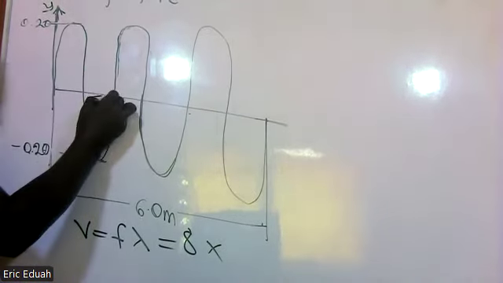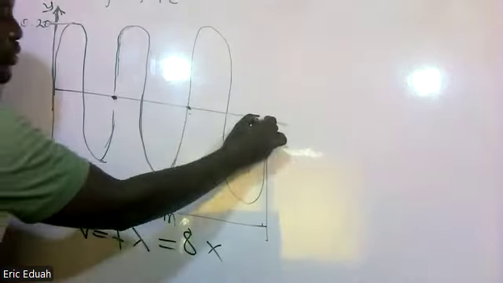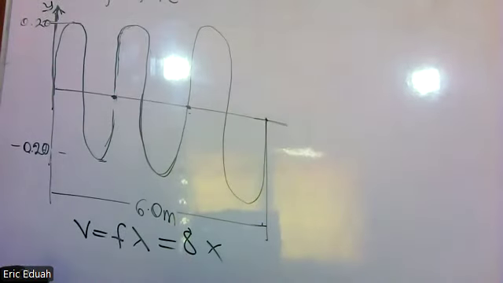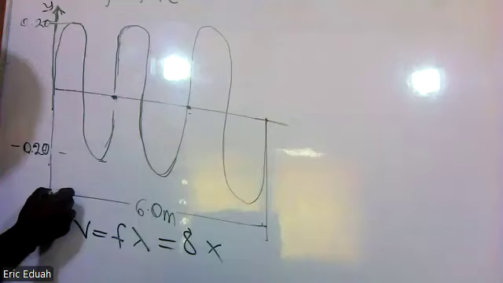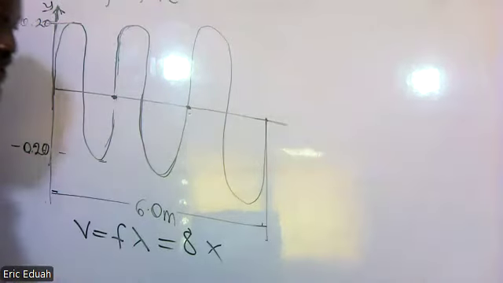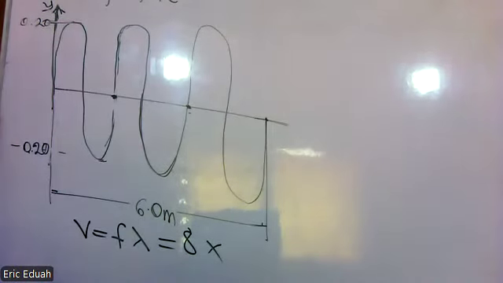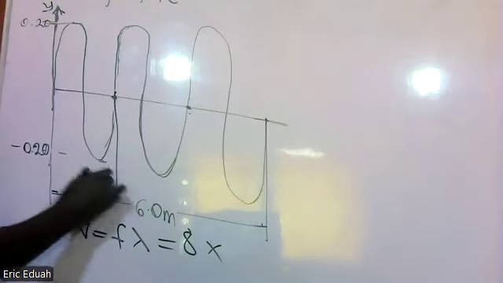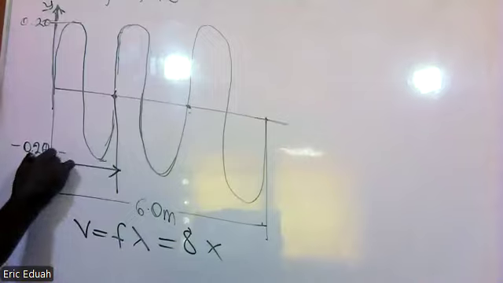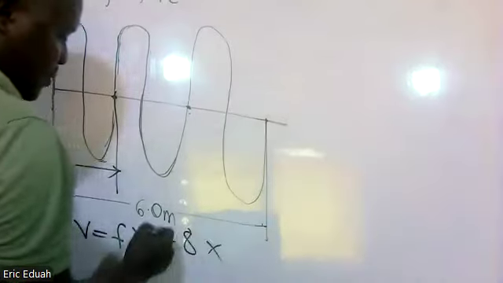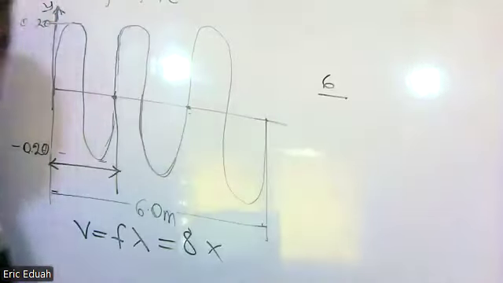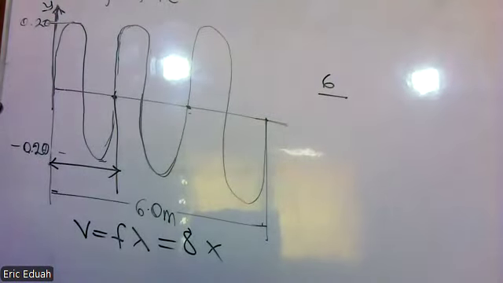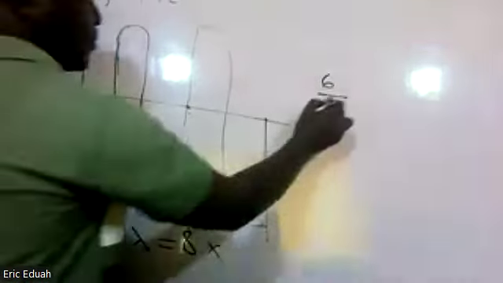We have 1, 2, 3. So if the whole length of the wave given is 6, and you have 3 complete cycles, then the wavelength, the length of one complete cycle, will be 6 divided by the number of complete cycles, 3.